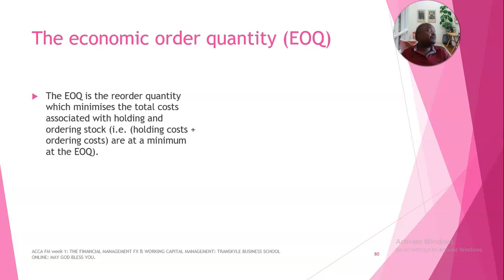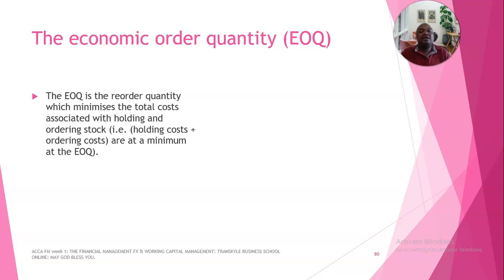Now, instead of doing this trial and error method where we have to compute inventory cost at various levels, we can use what is called the economic order quantity model.